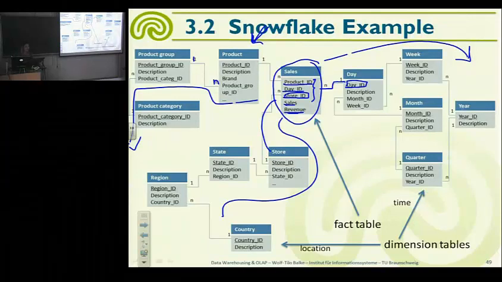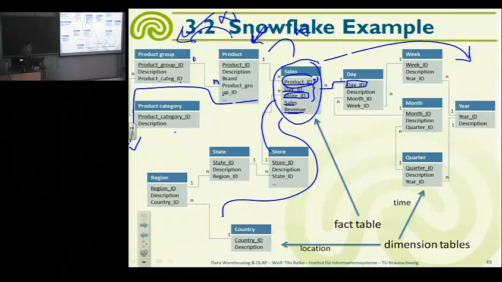And then when you get a query that is addressing, for instance, the product group, you want to find out the sales of a certain product group. So you have to join with the product table and then join with the product group. So you have to do 2 joins. And this is not really very bad because, since the dimensions are normalized, these tables of the dimensions are rather small.